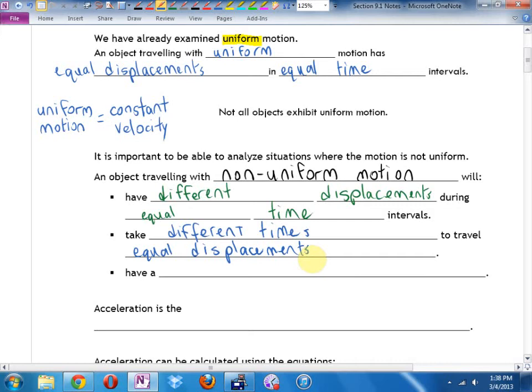So if you run around the track behind us in 90 seconds and then you run another lap of the track in 180 seconds, you ran the same displacement, same track, different times. One of those speeds was not like the other. One of those speeds just doesn't belong.